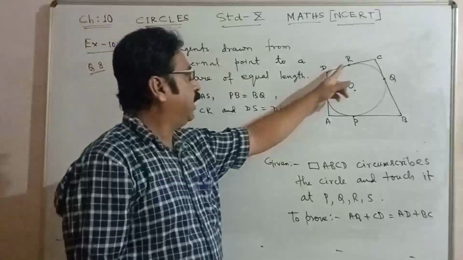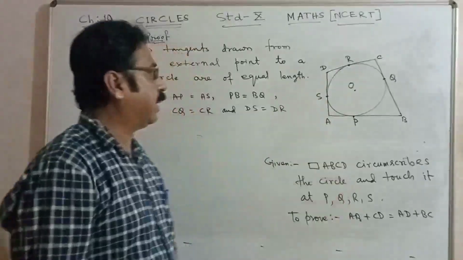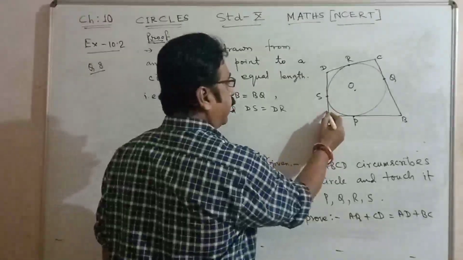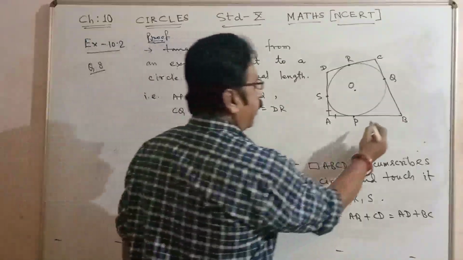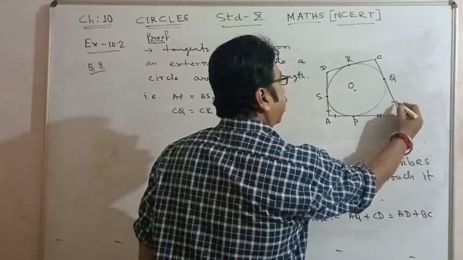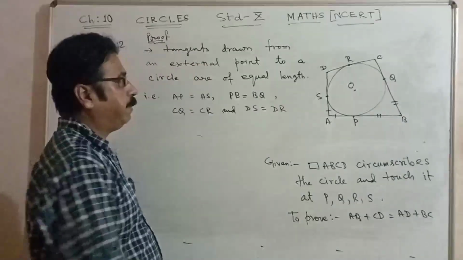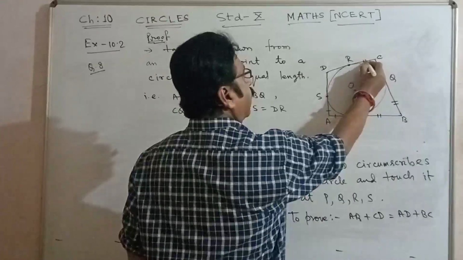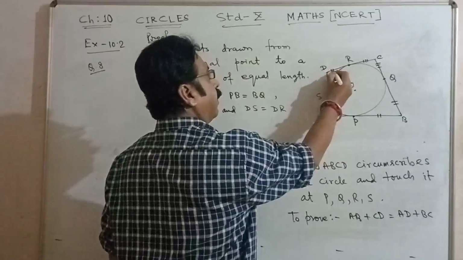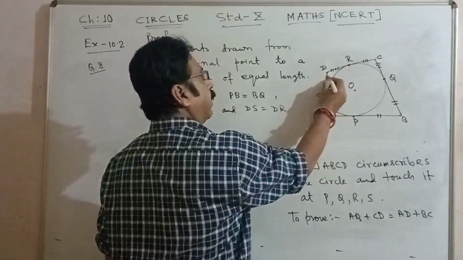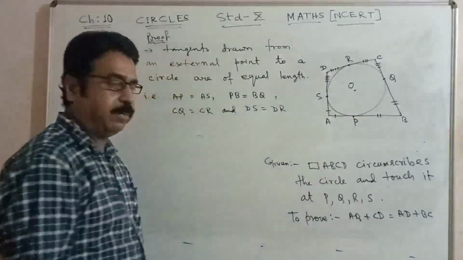Then DS equals DR. That means these lengths are equal. This and this are equal. This one and this one, they are equal.